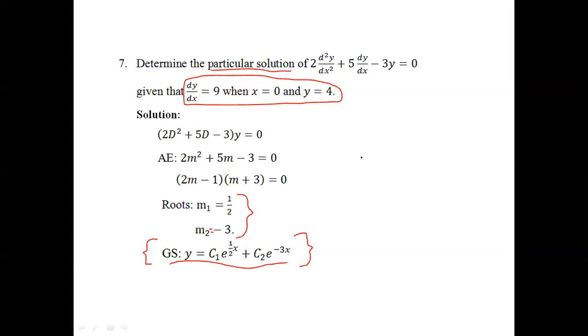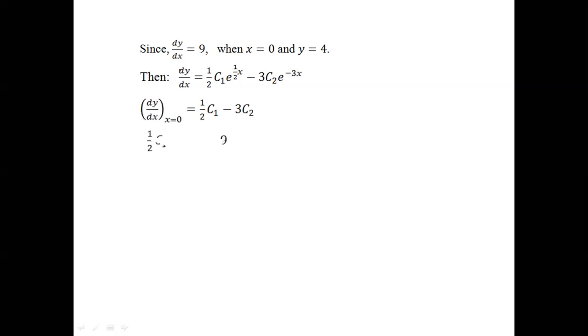So let's move and look at this other stage. We differentiate the general solution with respect to x. That's the next step here.